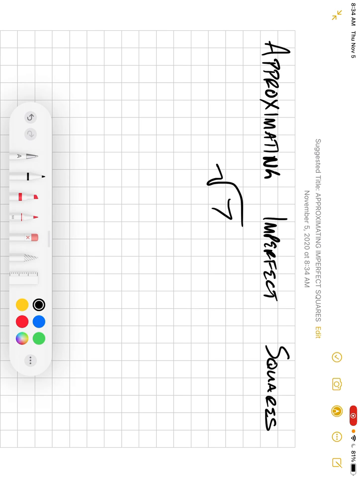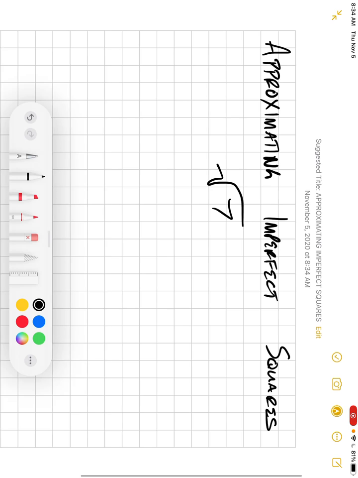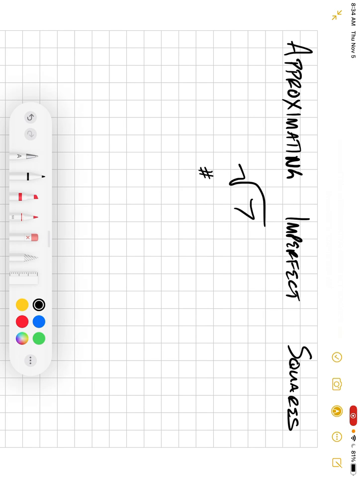Okay, 7 is not a perfect square. So I don't know what number multiplied by itself equals 7, or what number squared equals 7. But that's what I have to figure out right now. And so I'm going to give you a step-by-step to figure this out.